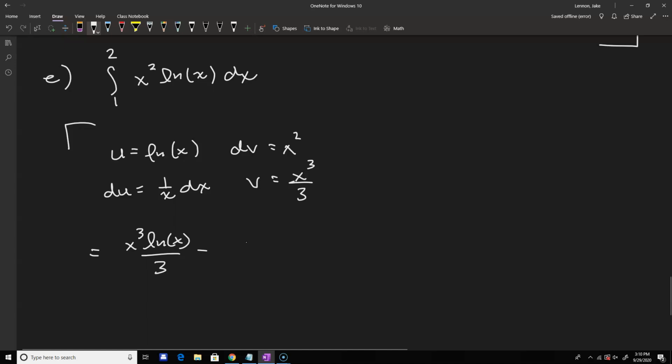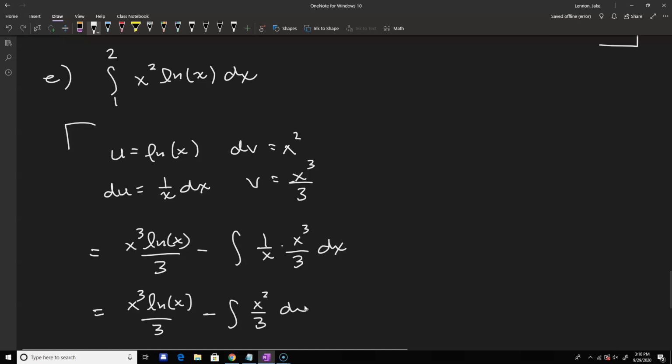And then we want to subtract v times du. So we're going to get that 1 over x. That's going to cancel one of those factors of x in the numerator from the factor corresponding to v. So we get x cubed natural log of x over 3 minus the integral of x squared over 3 dx.